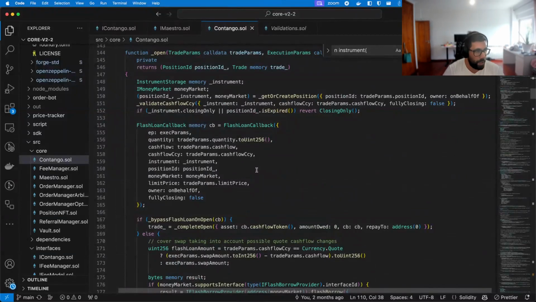We have a spreadsheet with, I think, 32 or 34 scenarios, which covers all the permutations of what the user can do: open a position with collateral in base or with collateral in quote, increase the position, add more collateral than what you need, remove. It's crazy, and we cover all those scenarios.